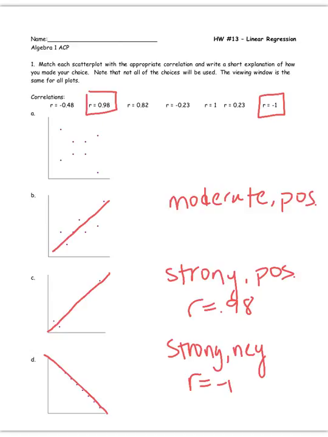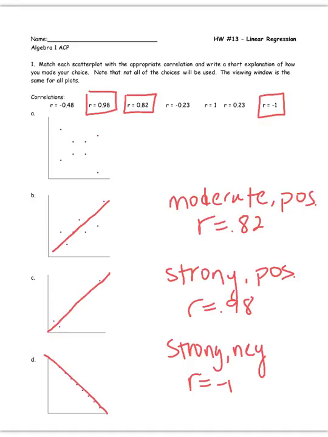We have a 0.82, which I feel like is a better choice than the 0.23. 0.23 wouldn't show a very strong correlation, and I do see that linear correlation there. That's why I'm choosing the 0.82.